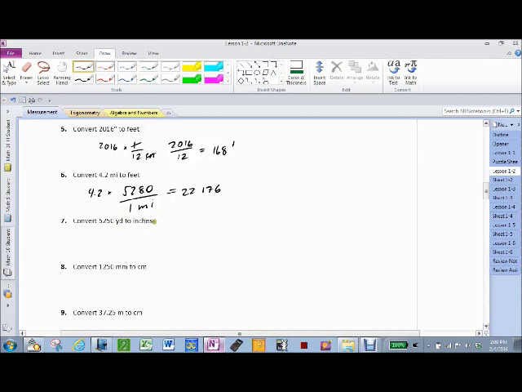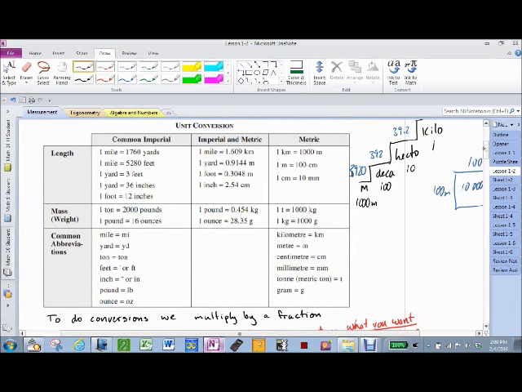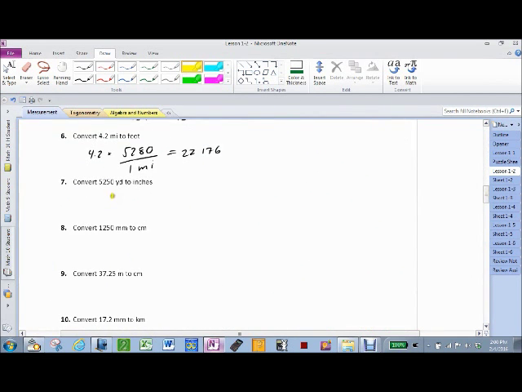Yards to inches. Now, that's a tricky one because look on the sheet. Do you have yards to inches anywhere? You actually do, right? So it's there for you. So it's 5,250 yards to inches. 36 over 1 yard.